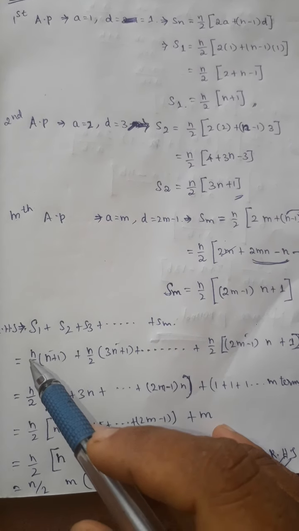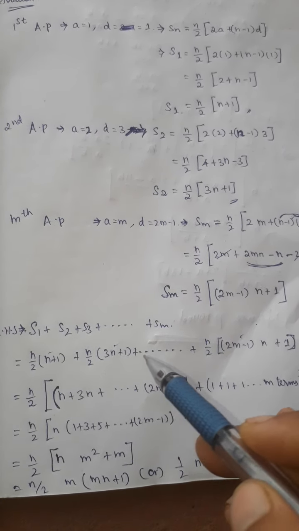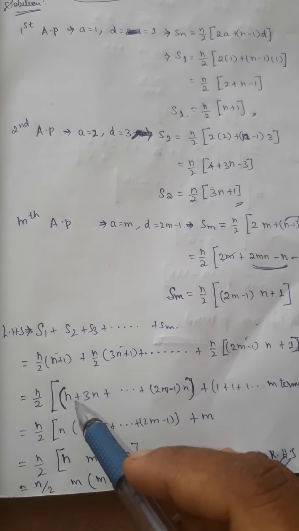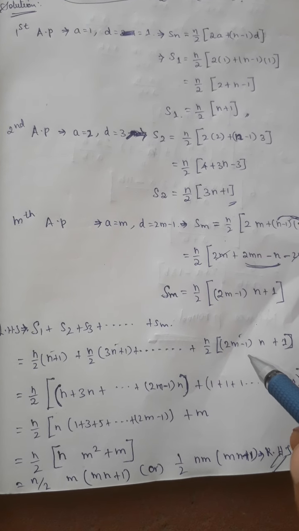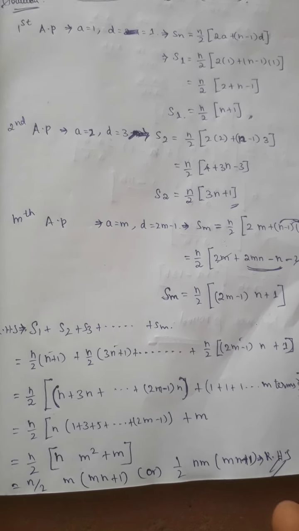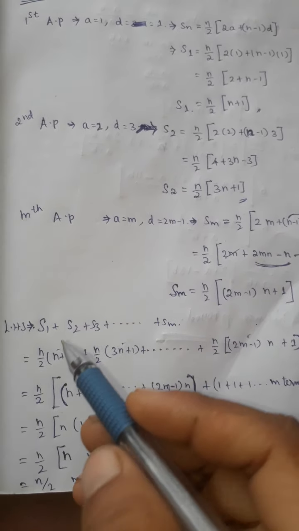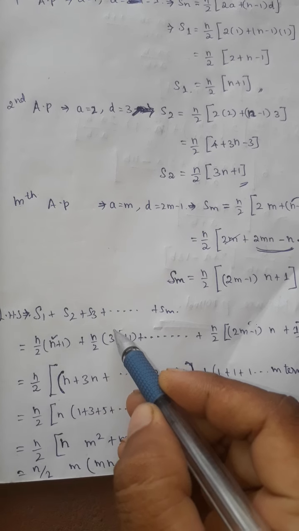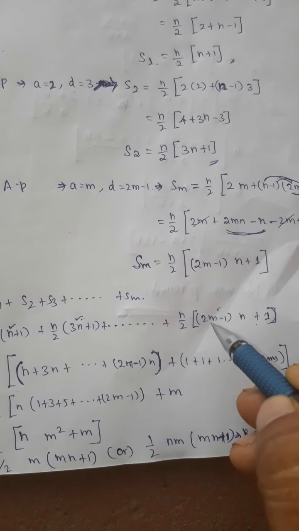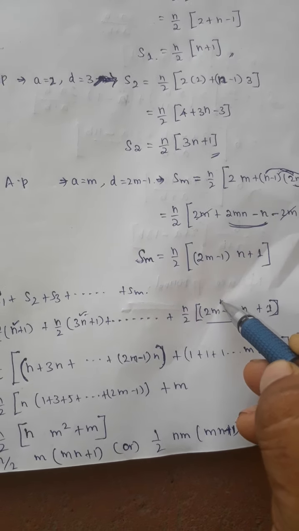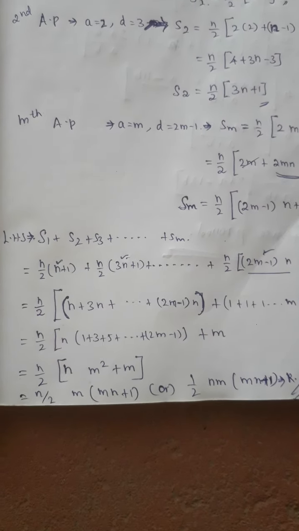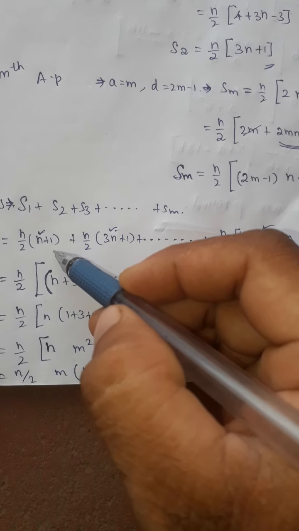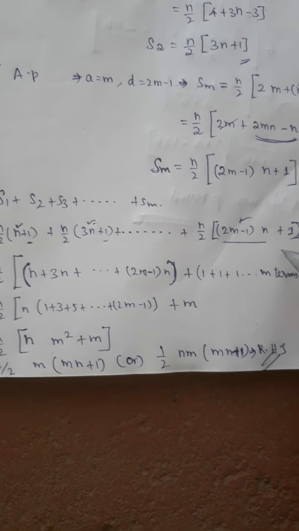So here each term has n by 2, so take n by 2 outside. The remainder is n plus 1, 3n plus 1, up to 2m minus 1 into n plus 1. Taking the first terms, we can write n plus 3n etc., up to 2m minus 1 times n, plus the remainder 1 in each term, and in the last term also 1.